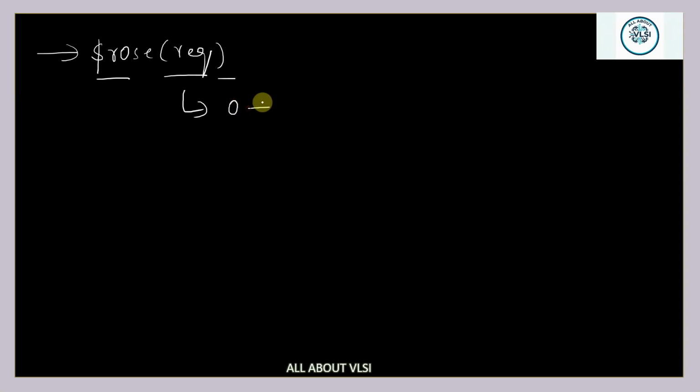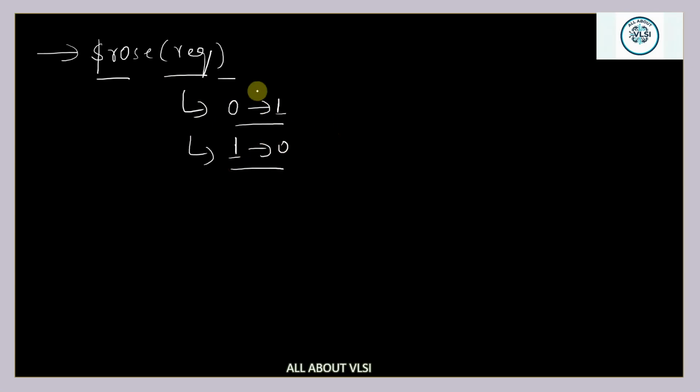Suppose I use $rose of a particular signal; in our example, the signal name is REQ. This function is going to evaluate REQ. If there is a transition from 0 to 1, this function is going to return 1, and if there is a change from 1 to 0, it is going to return 0.